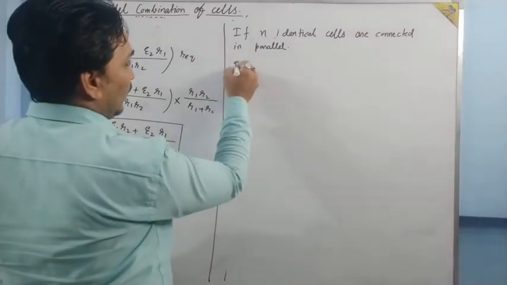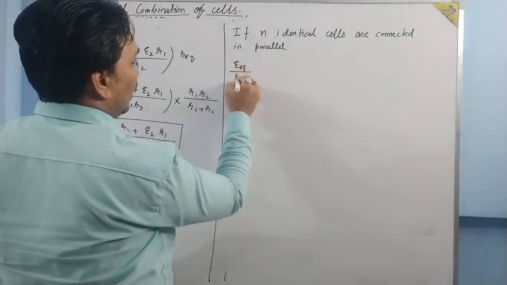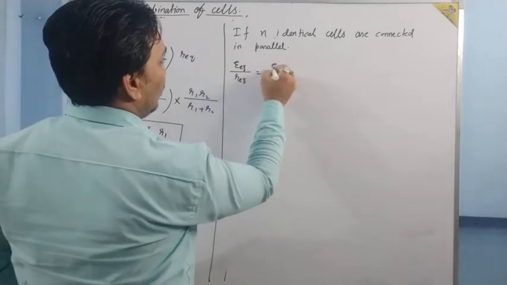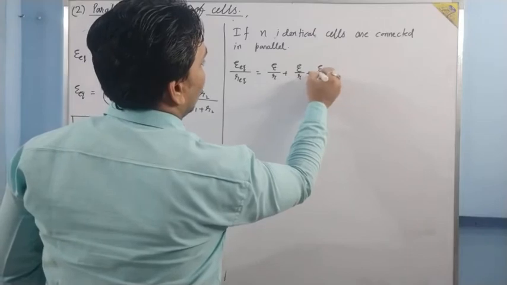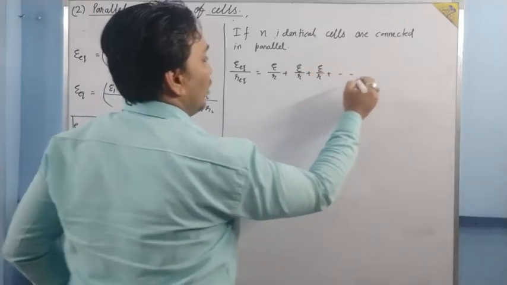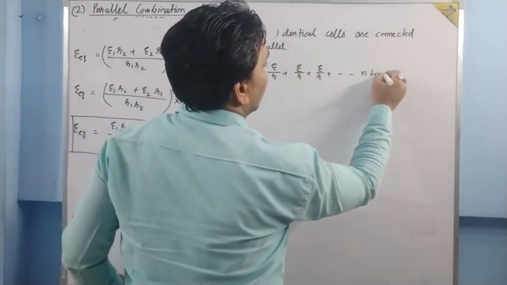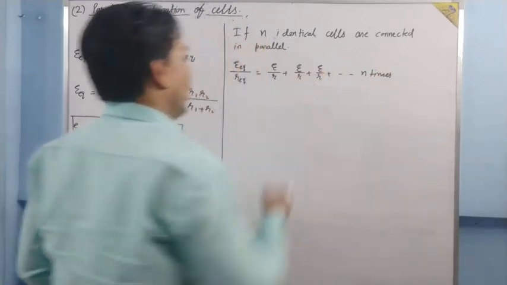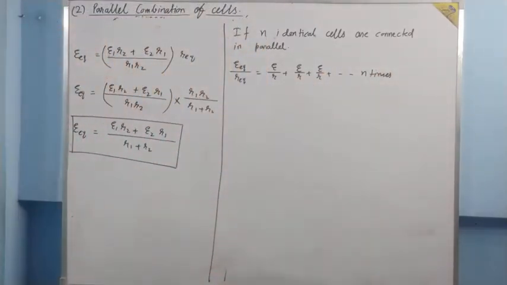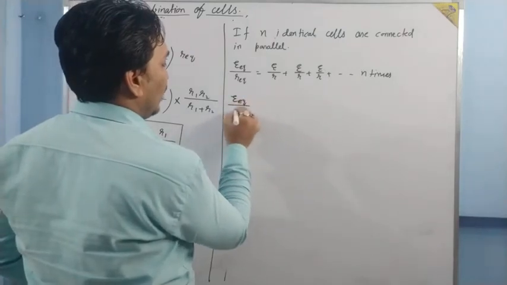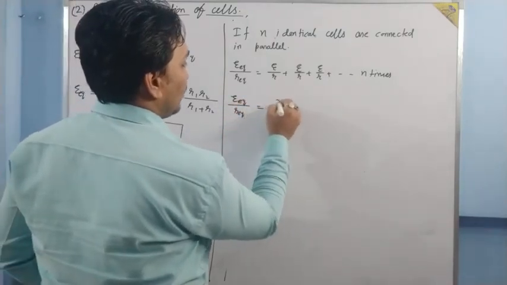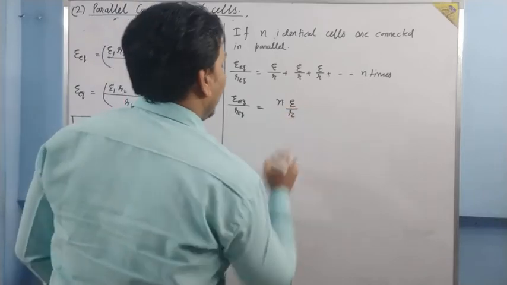Then E equivalent upon R equivalent will be E upon R plus E upon R plus E upon R, how many times? N times. They are identical, so their EMF is E and their internal resistance is r. So E equivalent upon R equivalent is equal to N times E upon R.